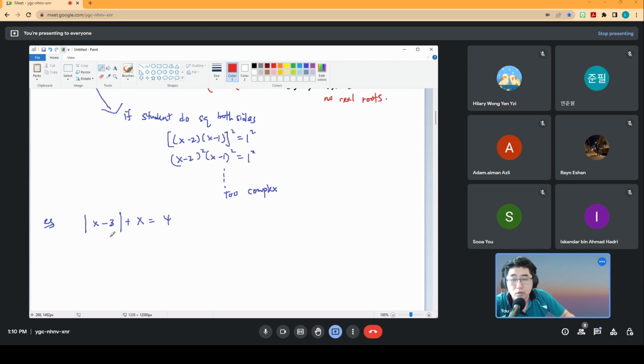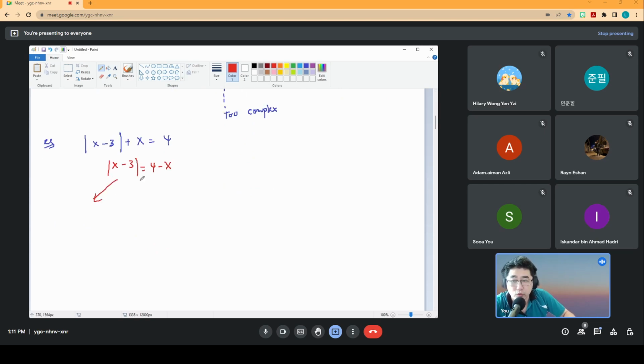Before students actually continue with the question, students can try to arrange it properly. So I'm trying to rearrange it into a nicer form. Maybe I move the x over to this side, I have 4 minus x. Then only I split it into two brackets. So I will have x minus 3 equals to positive of 4 minus x, and x minus 3 equals to negative of 4 minus x.